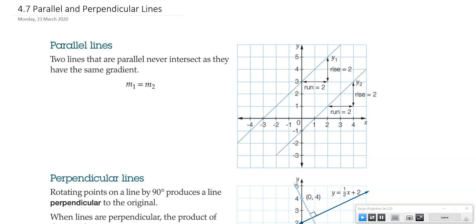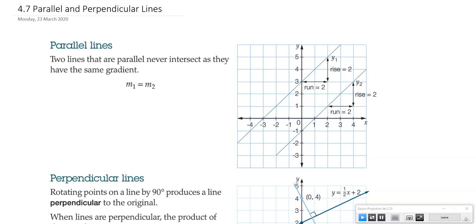And that's in the equation. We can tell whether two lines or two equations would be parallel simply by seeing if the gradients are the same. So if now M1 and M2, remember 1s and 2s are just designations of particular things. So we're saying M1 is a gradient for equation 1 and M2 is a gradient for equation 2.